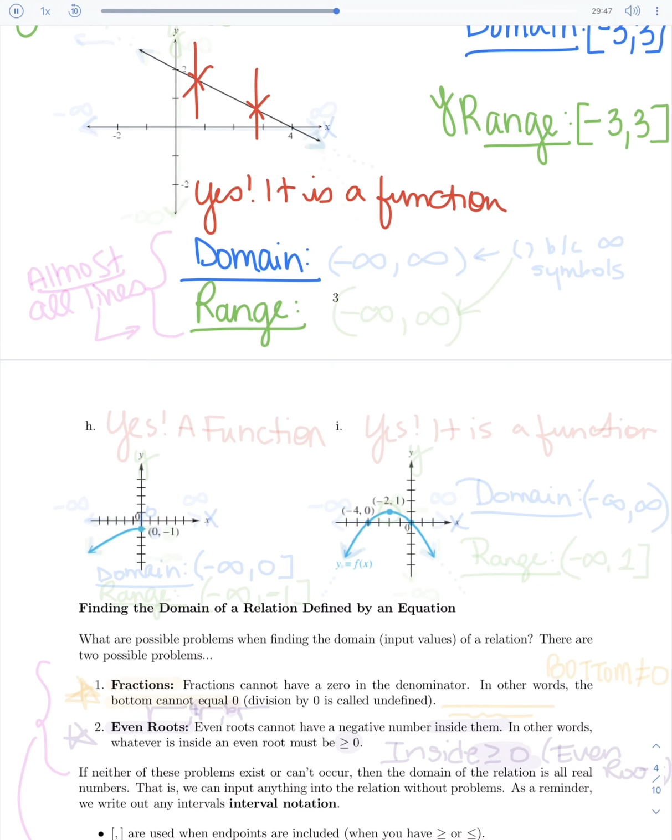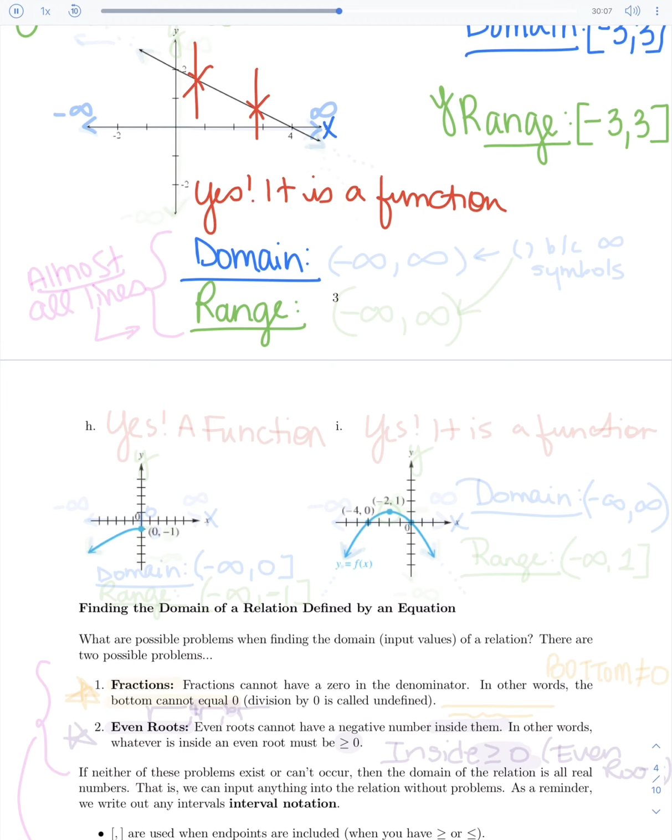Well, if we're looking for domain, we're going to be reading the x-axis from smallest to largest, meaning we're going to start at the negative infinity end and work our way to positive infinity.